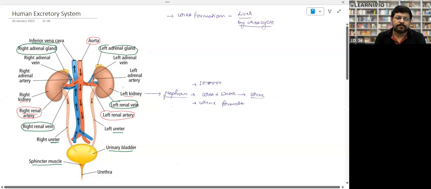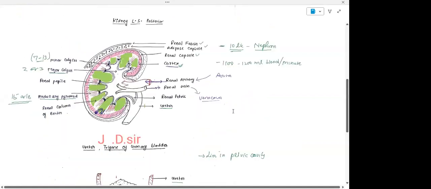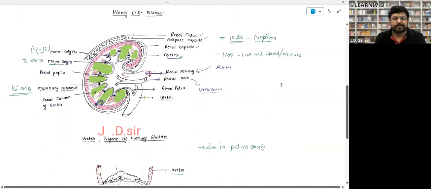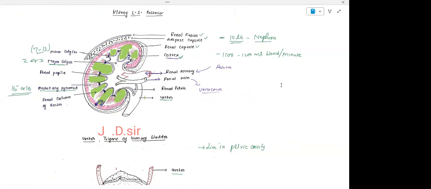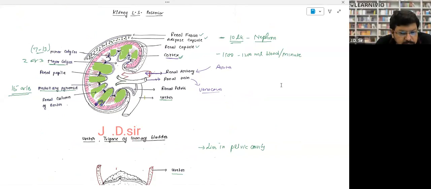Is that clear? Yeah. Fine. What about this diagram? Is everything clear or you need some explanation? You can summarize it. Sorry? Asha, you can summarize it.